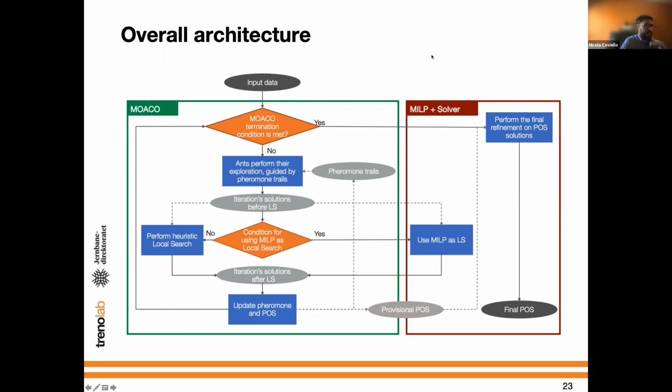You can see that the MELT formulation could be used for two purposes. The first one is to refine the whole Pareto optimal set provided by the ant colony algorithm, but on the other side, it can be used as a local search to improve some solutions found by the algorithm within the iterations of the ant colony optimization algorithm.